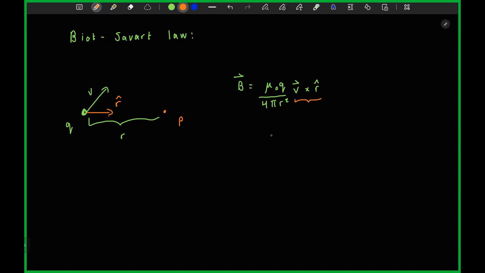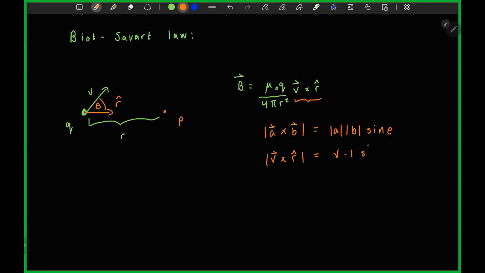And so let's first recall that the magnitude of the cross product a cross b is equal to magnitude of a, magnitude of b, sine theta. In this particular case, our second vector r hat is a unit vector, so v cross r hat just becomes magnitude of v times 1 times sine theta, where theta is the angle between v and r hat.